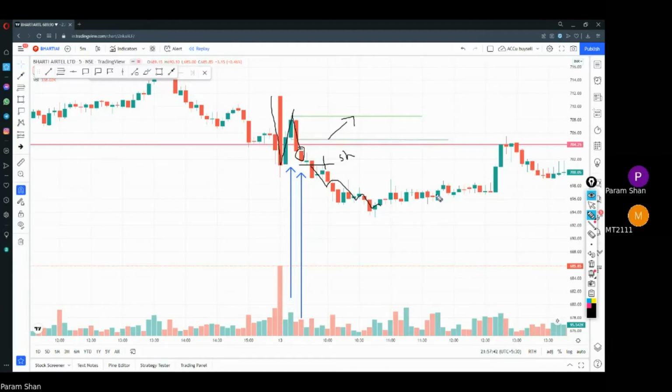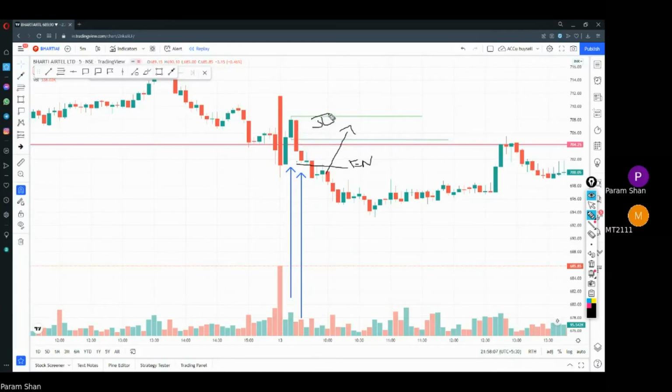So this is the place where you are entering, right? You need to have a stop loss in place. So what could be the stop loss? This is where we have the resistance zone. If the price goes above and breaks this area, then this is your stop loss.